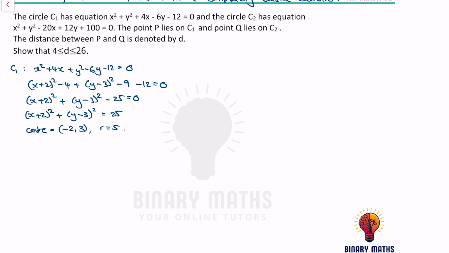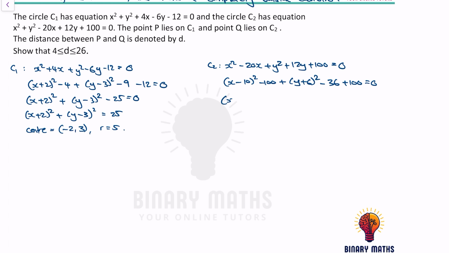So again, if I do a similar thing for that one, then x squared take away 20x plus y squared plus 12y plus 100 equals 0. Complete the square. So half of minus 20 is minus 10. Take the square of that, which is 100. Half of positive 12 is 6. Take away 6 squared, which is 36, plus 100 equals 0.